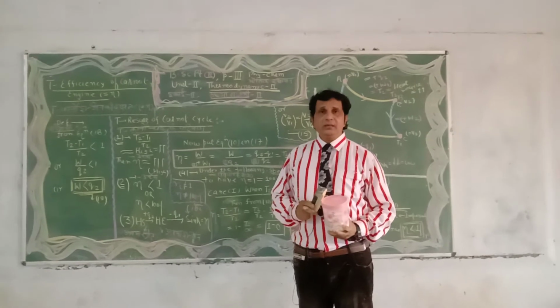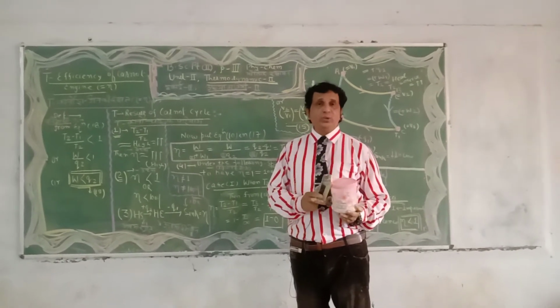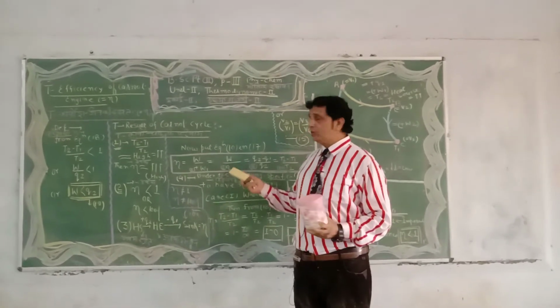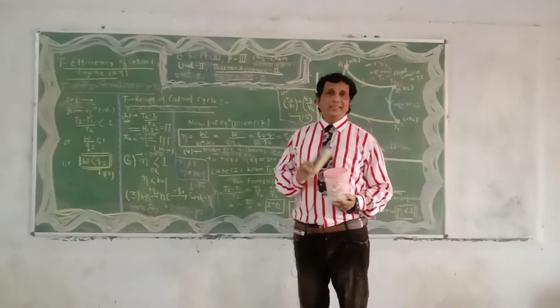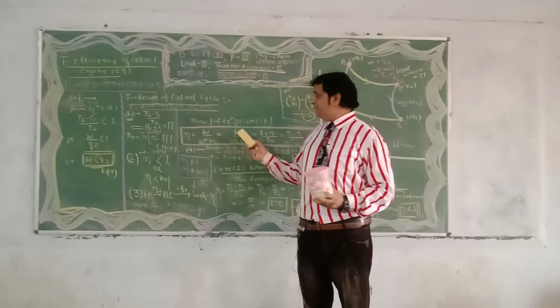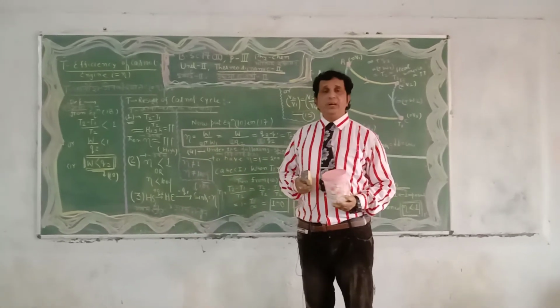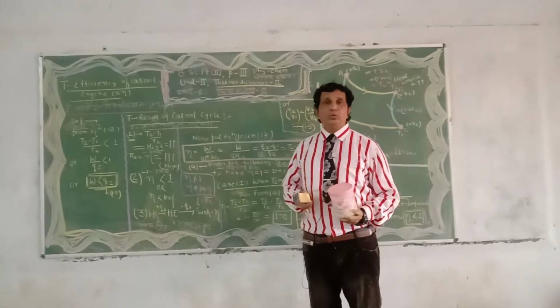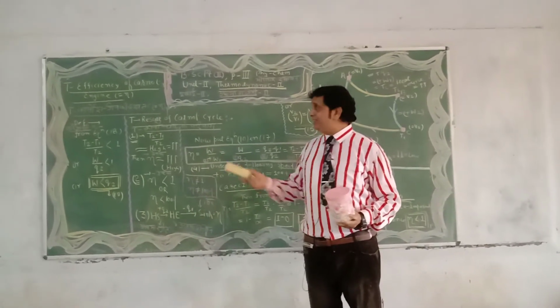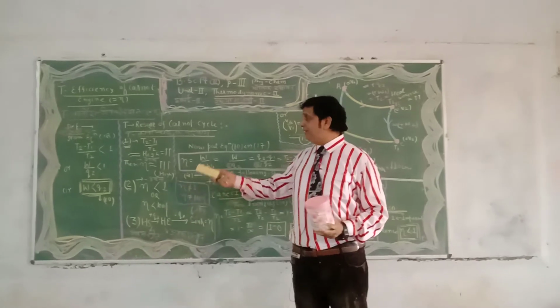Once again, when a heat engine is connected to a heat source to absorb plus Q2 heat and the work performed by the heat engine is W, this work W is divided by Q2. The ratio of W and Q2 is known as the efficiency of the Carnot engine, symbolized by eta.